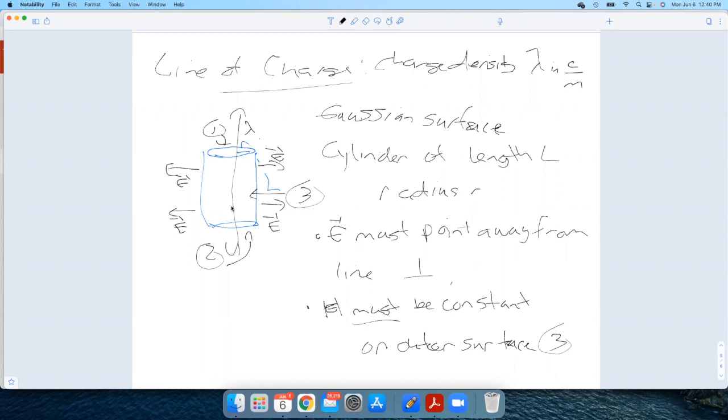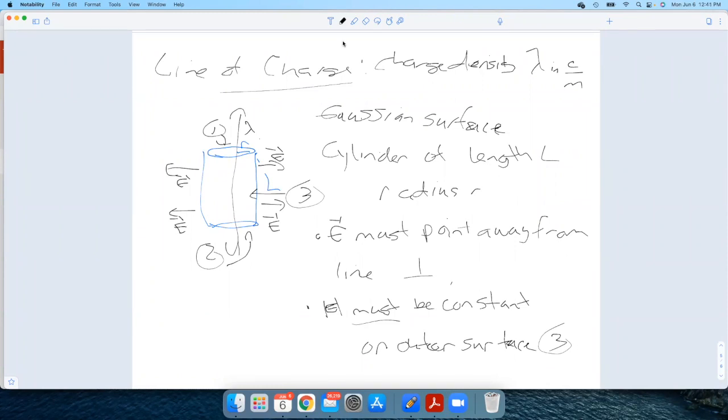These spots are different: a spot in close versus a spot far away. Yeah, the universe can tell the difference between close and far, but not spots here along the label of the soup can. That's not true up here. E does not have to be constant. In fact, E is not constant up on the top or the bottom.